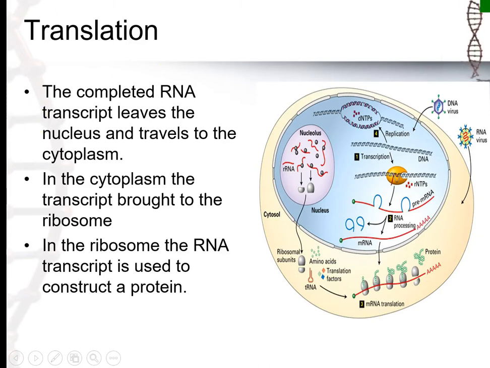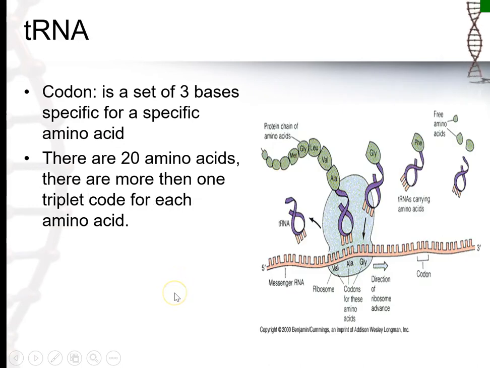Translation is once we have that completed RNA that's able to leave the nucleus and go out to the cytoplasm, it can now attach to the ribosomes and be used to create a protein. tRNAs have an amino acid on one side and a specific group of bases on the other.